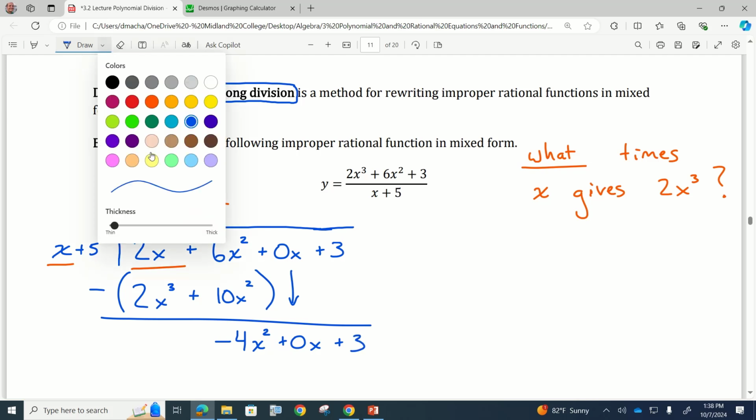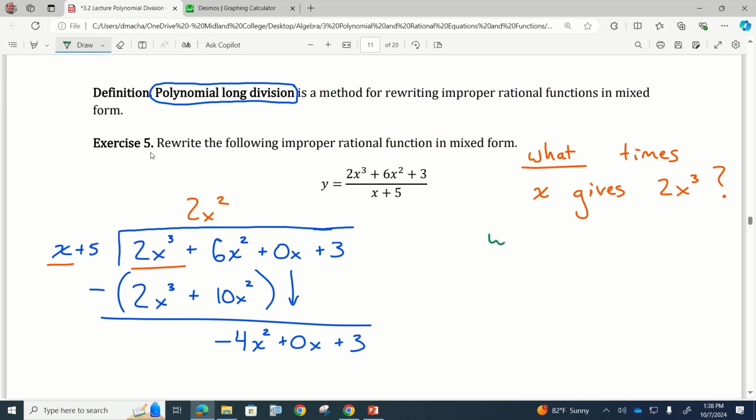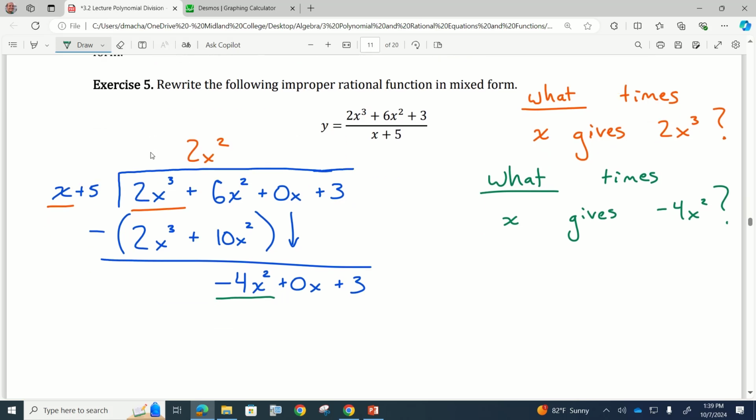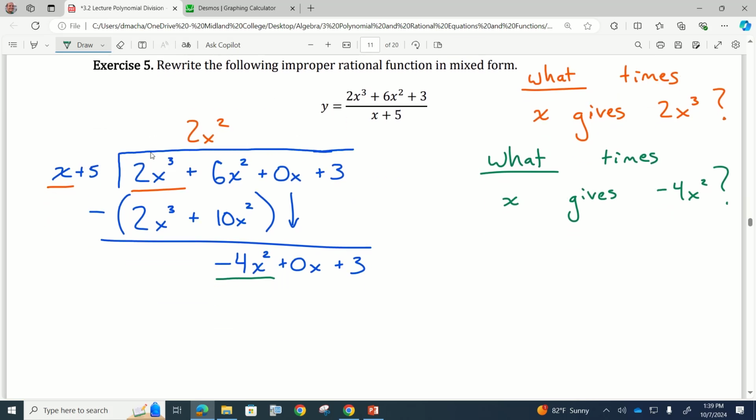And the next question I ask is, what times x gives me negative 4x squared? And the answer is negative 4x.